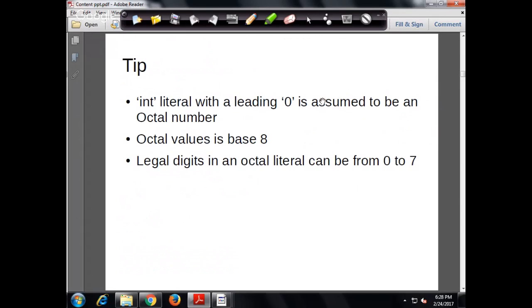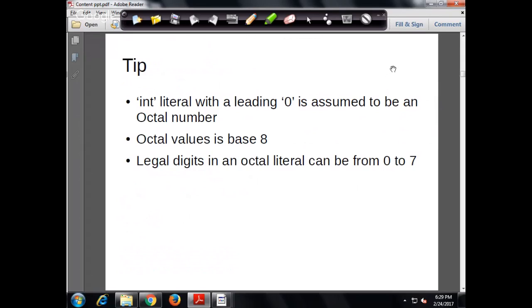So here's the tip that I have given. I hope it will give you some idea of how to solve this particular question.